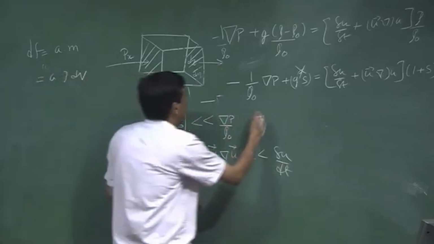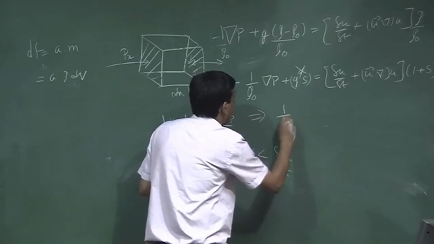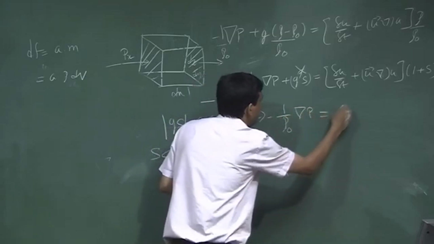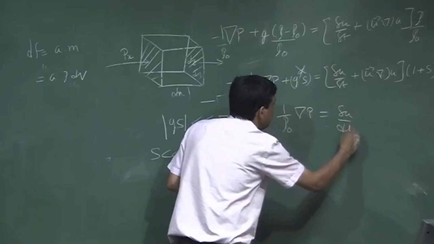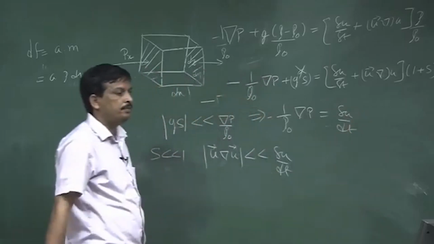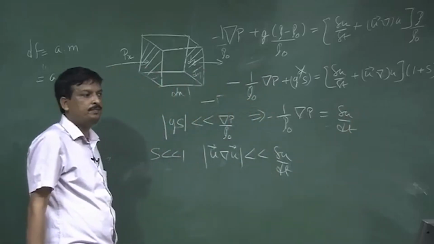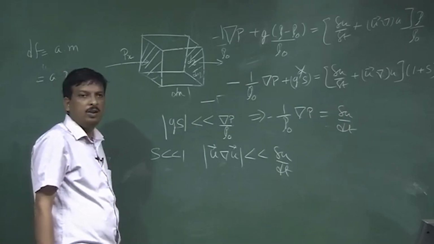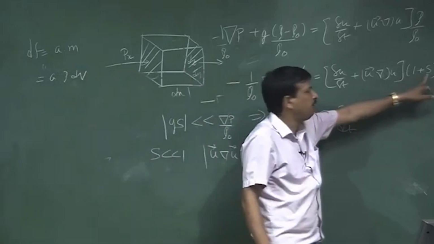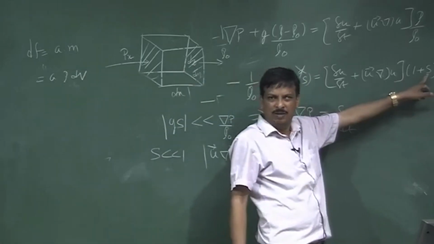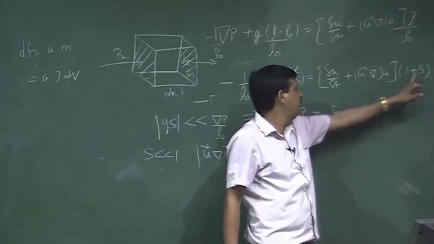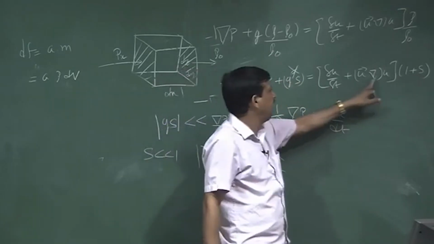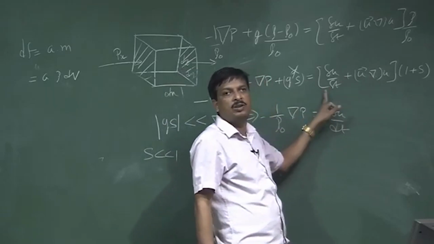Then I consider this term is nothing but 1 by rho 0 minus divergent of P is equal to del U by del T. Okay. So, I am considering S negligible because it is much less than 1. g S is negligible compared to this term, and this term is negligible compared to this term.